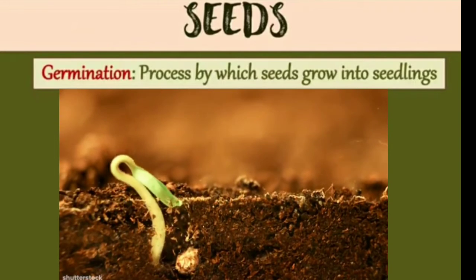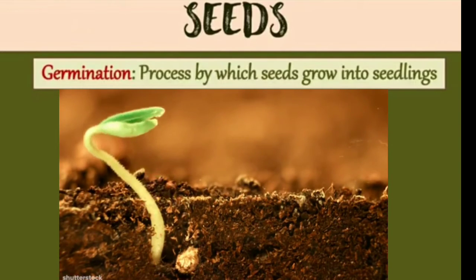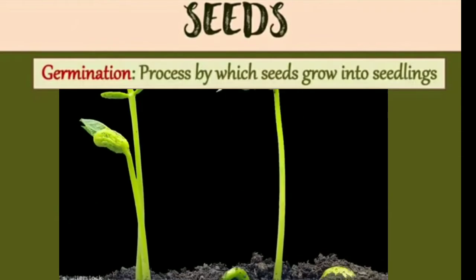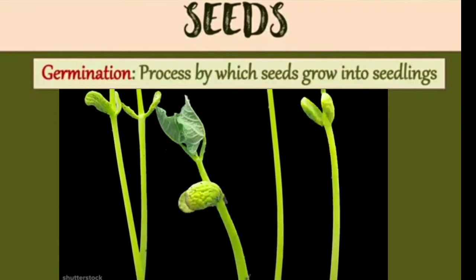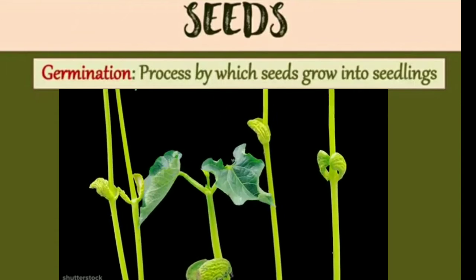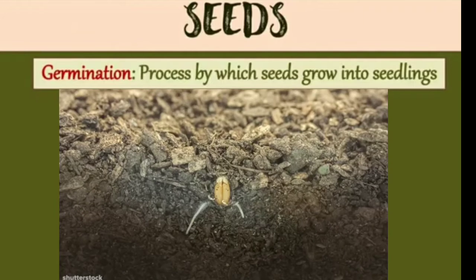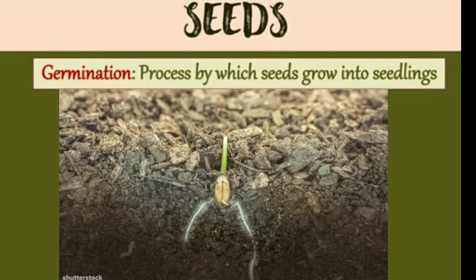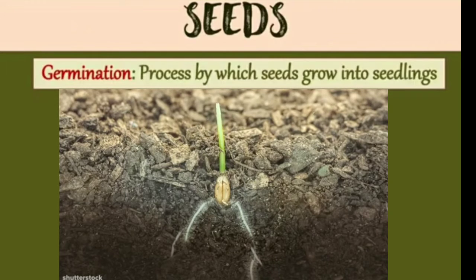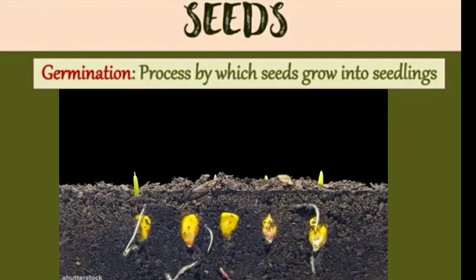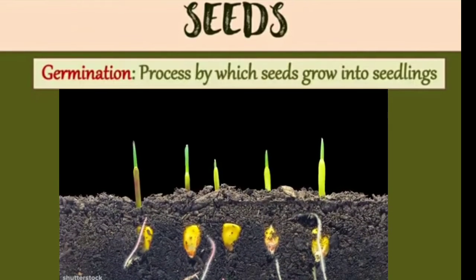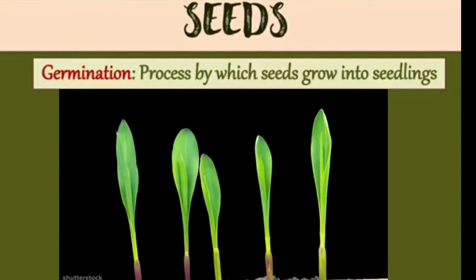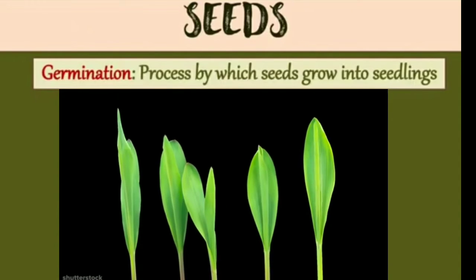The part that grows inside the soil, towards the soil, is called the radicle, and the part that grows above the soil is called the plumule. Are you getting me, children? The part that grows from inside the seed towards the soil is called the radicle, and the part that grows above the soil is called the plumule.